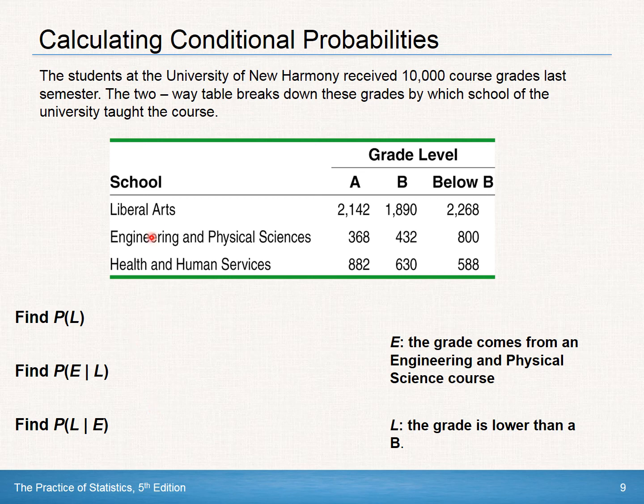Okay, so what I'd like you to do is just take a minute and try this question on your own. The students at University of New Harmony received 10,000 course grades last semester. This two-way table breaks down these grades by which school the university taught.